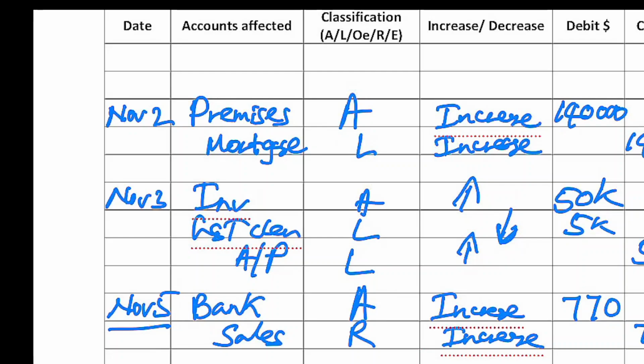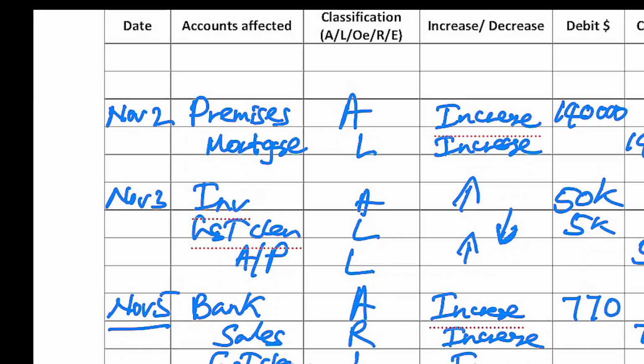What is the other item? Remember at the selling price we had 3 entries. GST clearing. Asset or liability? Liability. What happens to the liability?